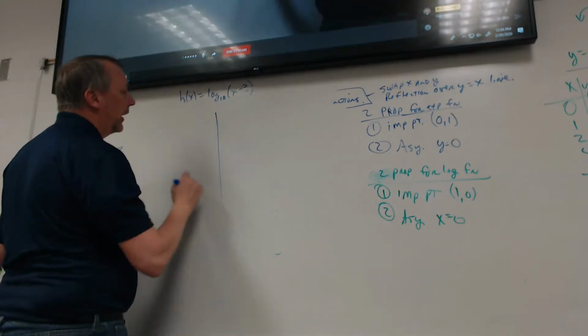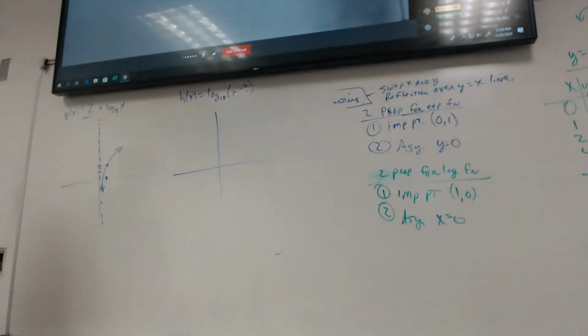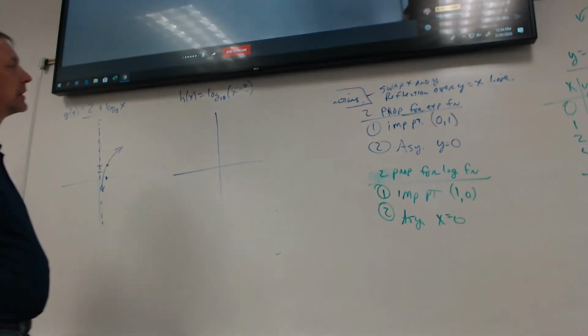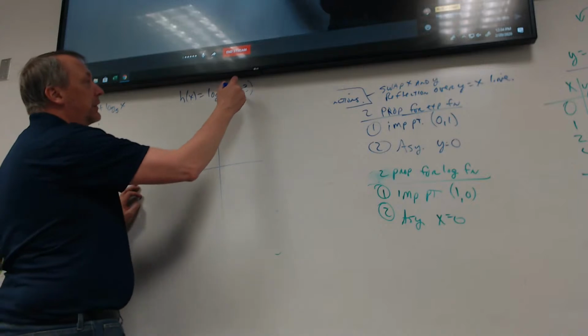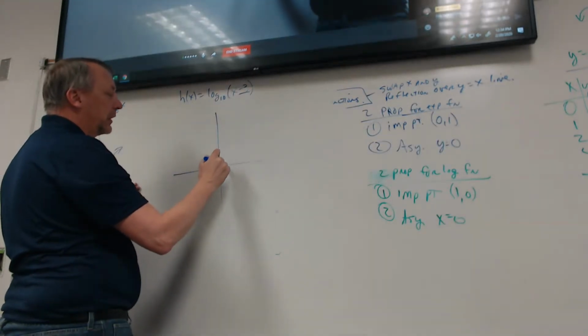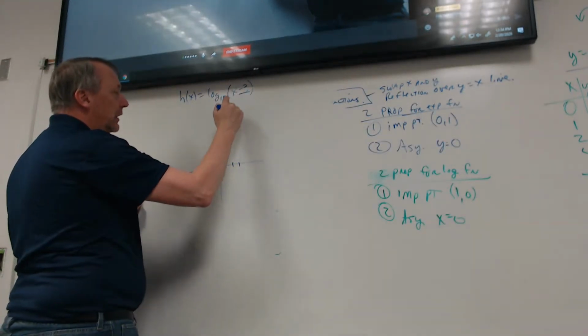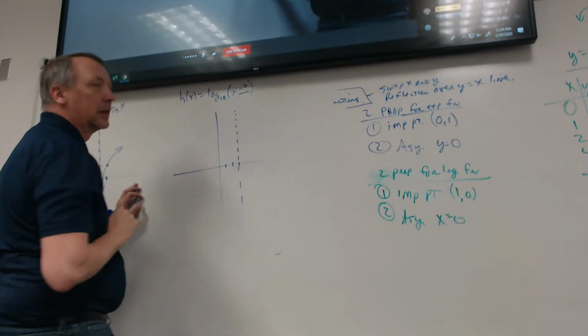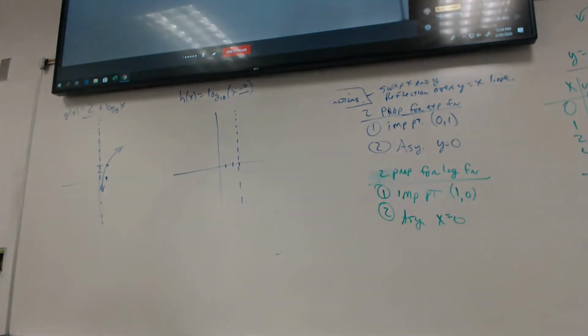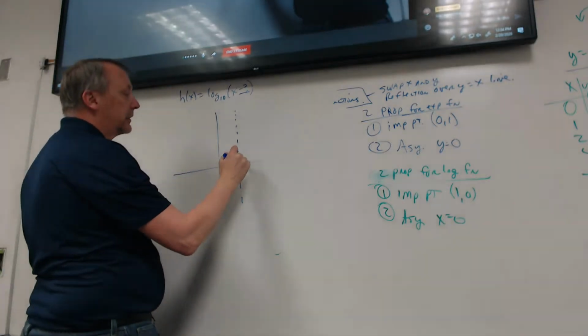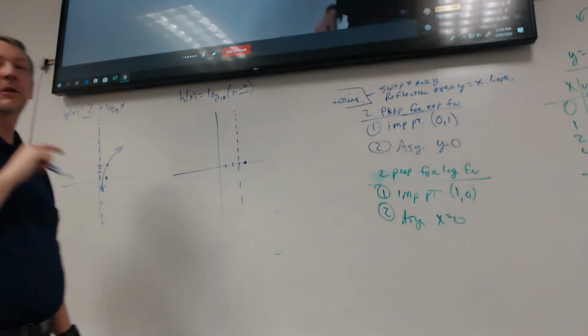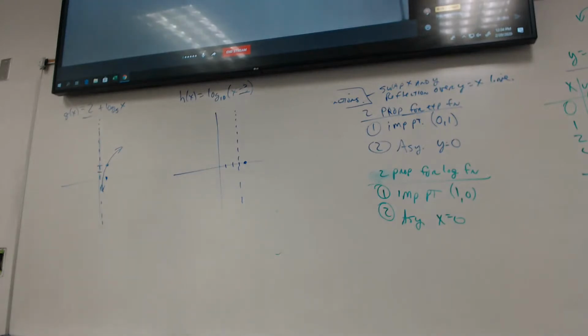We're going to graph this one. It's going to shift 3 to the right. So rather than be here, we're going to go 1, 2, 3. That shifts my important point over, so now I'm at 4, 0 rather than 1, 0.